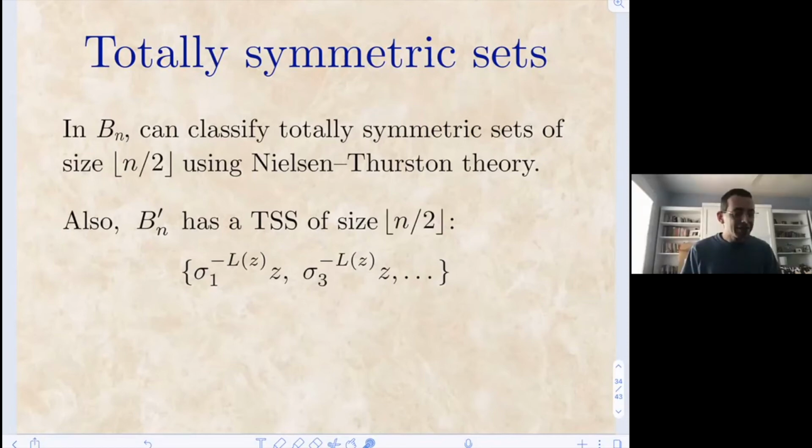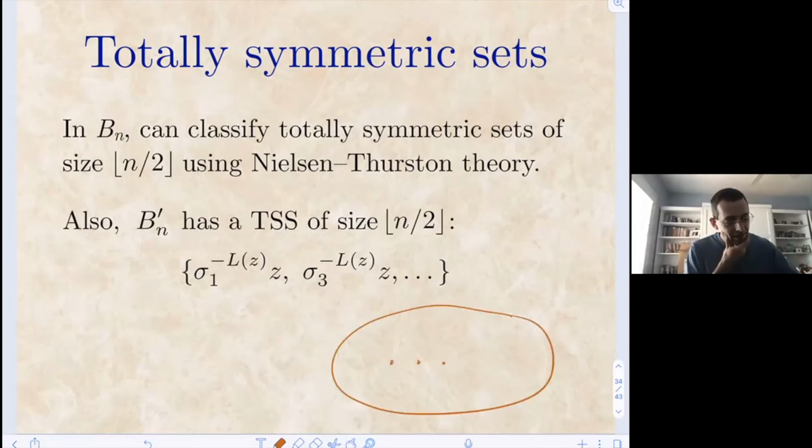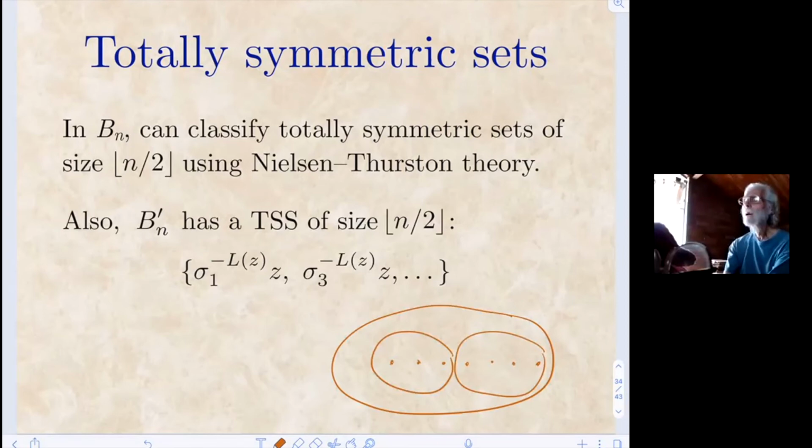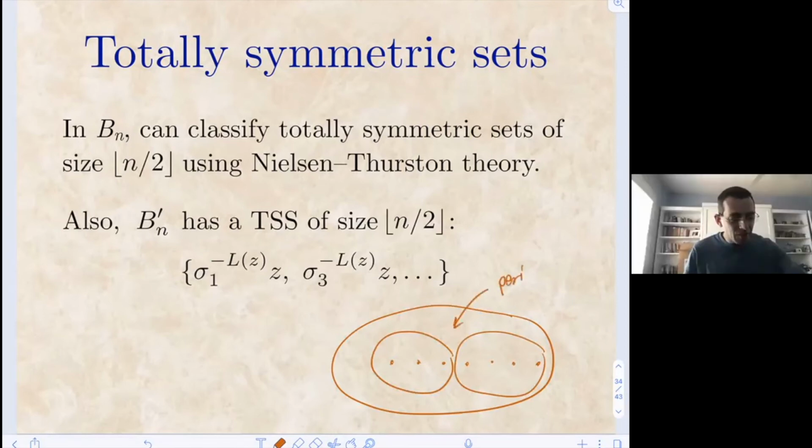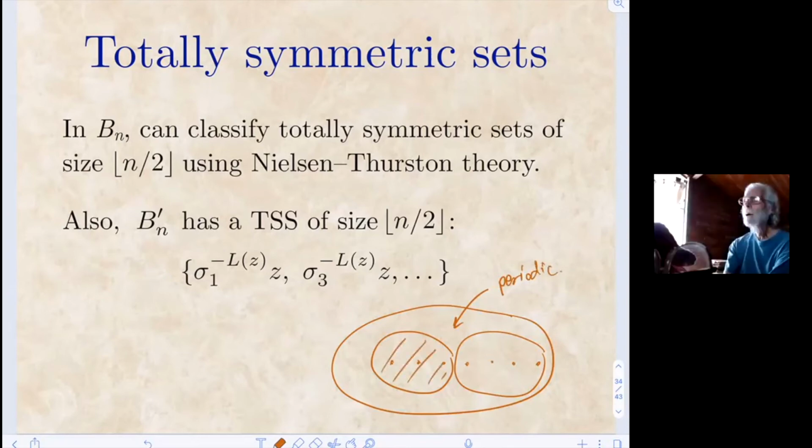Nielsen-Thurston theory says that if you have a mapping class, so like braids, again, we think of braids as mapping classes, then any mapping class has a reduction system. So some collection of curves that's fixed. And it says on each piece, you're either periodic, so like one of these rotations I showed you, or pseudo-Anosov.